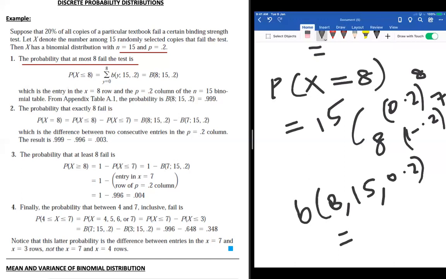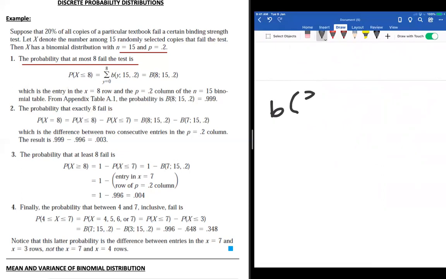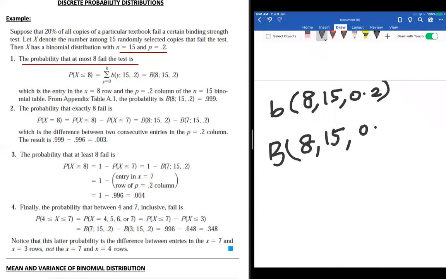Another method of finding this value is using the binomial table. You need to find small b of 8, 15, 0.2. Now capital B of 8, 15, 0.2 is the probability of x less than or equal to 8, the sum of all probabilities up to 8.